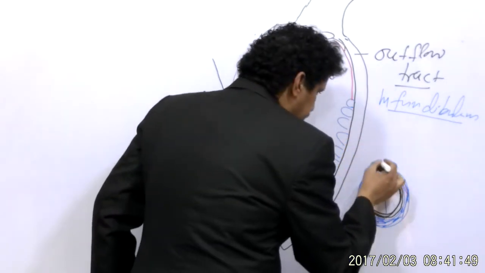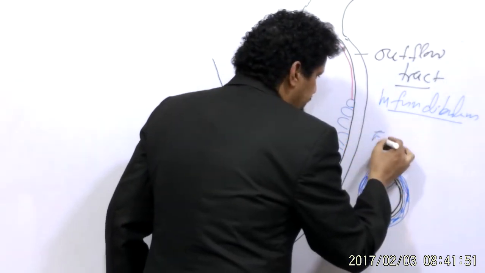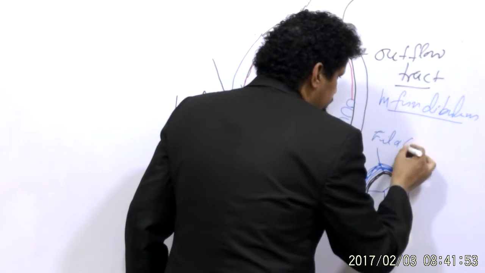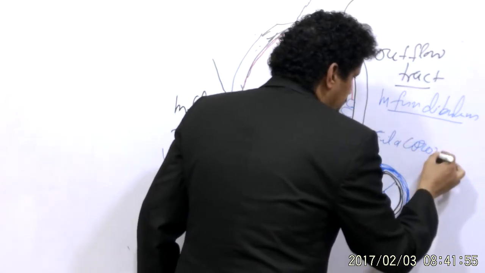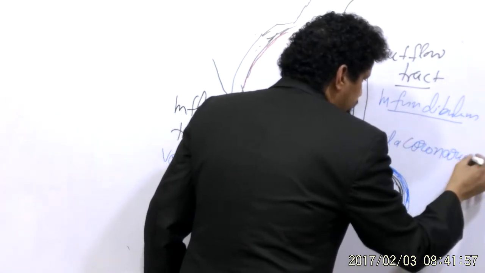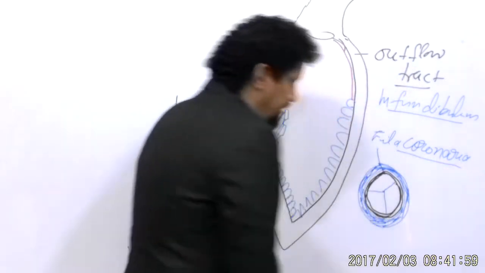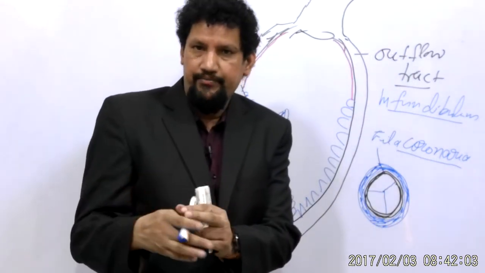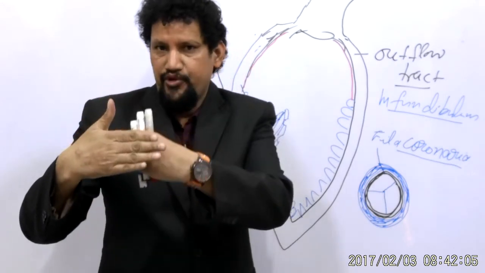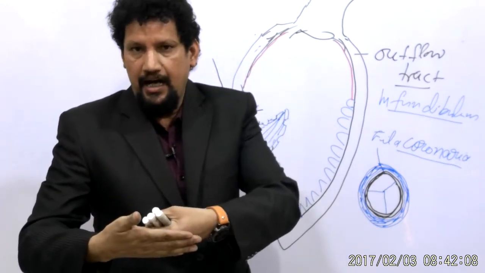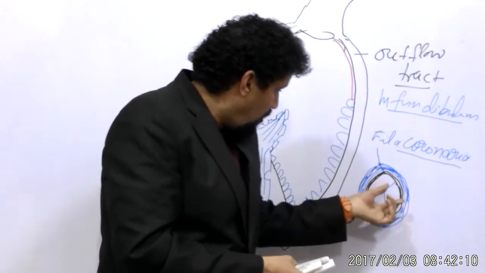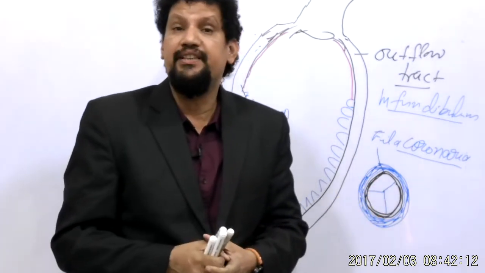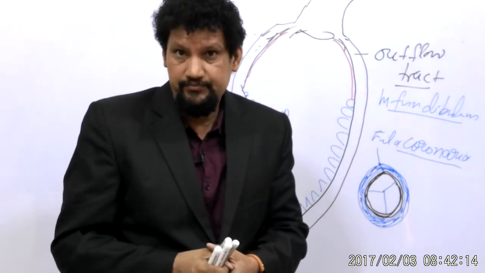So, rings are formed by the fila coronaria, and the two layers of the fila coronaria, the anterior one and the posterior one, these are holding the base of the leaflet or cusp.